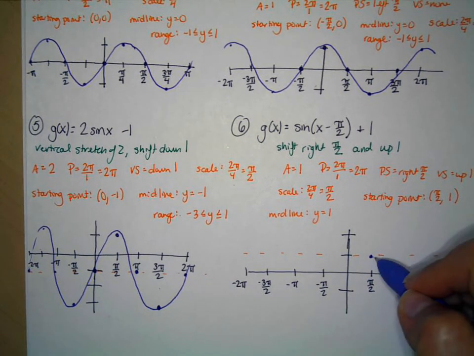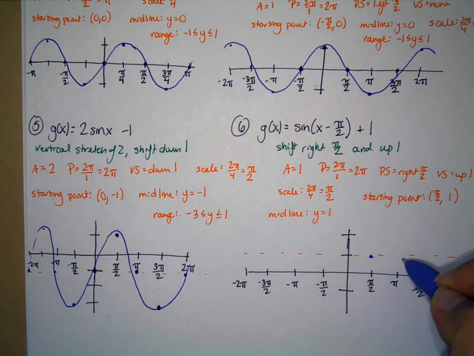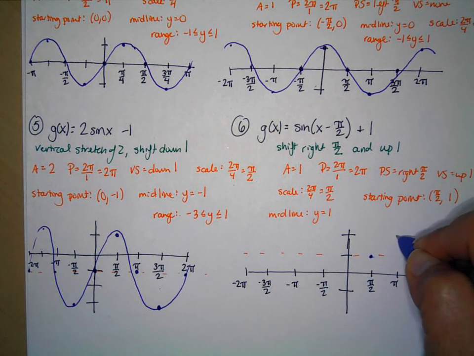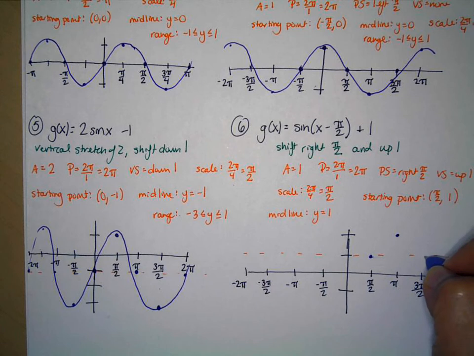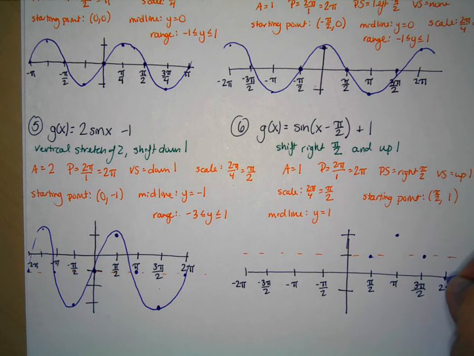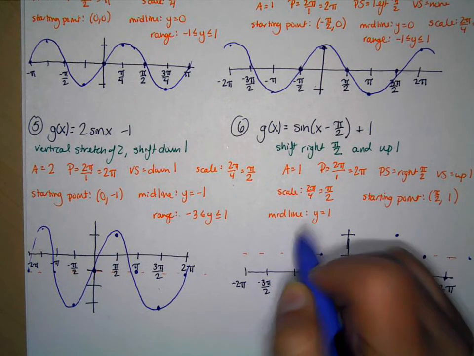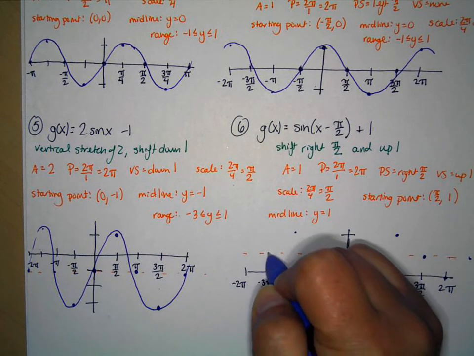So our first point's on our midline. Our next point should be at our maximum, and since our amplitude is 1, we're going one space above our midline. Our third point's on our midline. Our fourth point is at our minimum, and with an amplitude of 1, we go one space below that midline. Our next point would be on the midline. Continue the pattern to complete your graph.